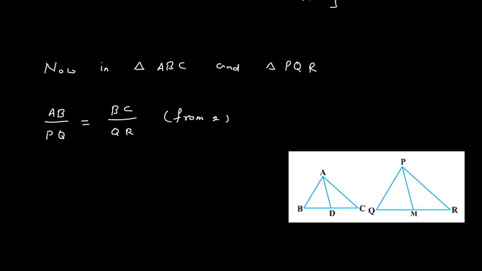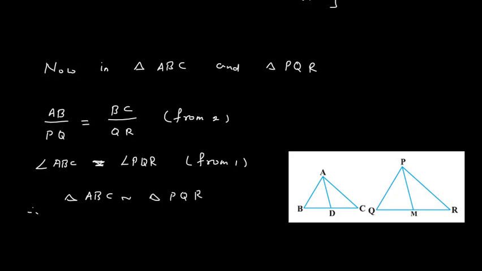And angle ABC is equal to angle PQR. This I will say from 1. Therefore you will say that triangle ABC is similar to triangle PQR. The criteria is angle criteria.